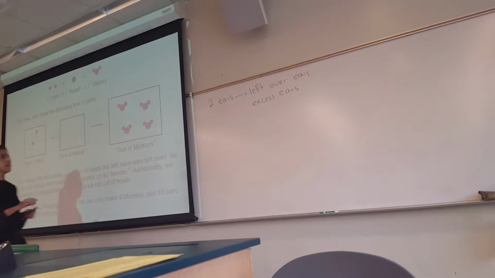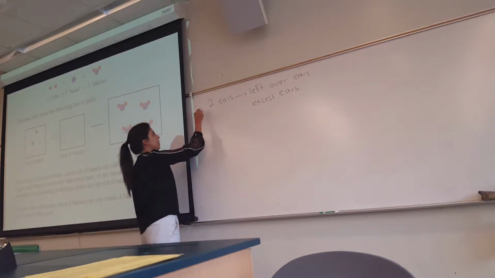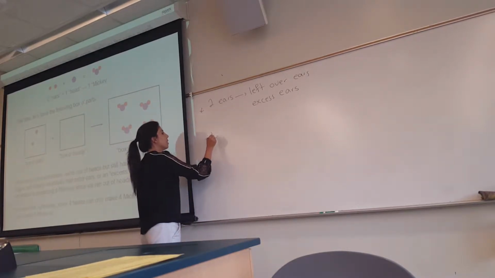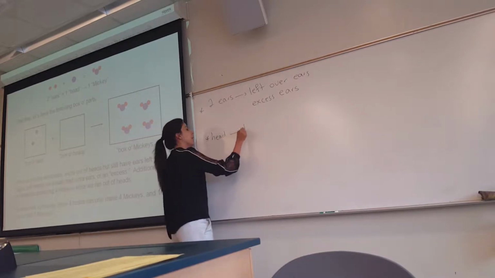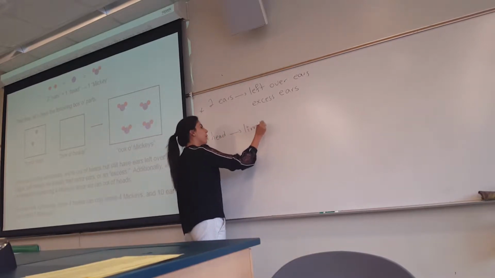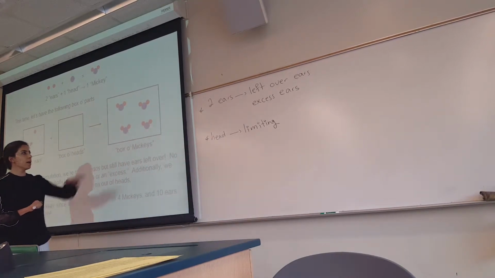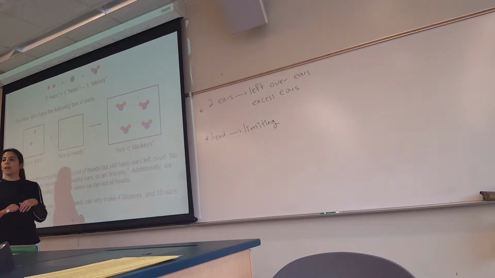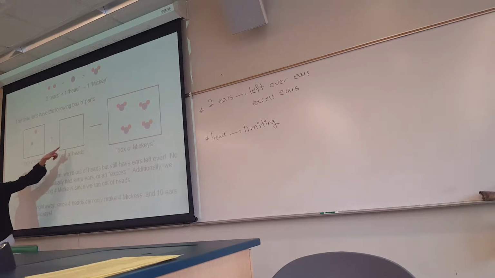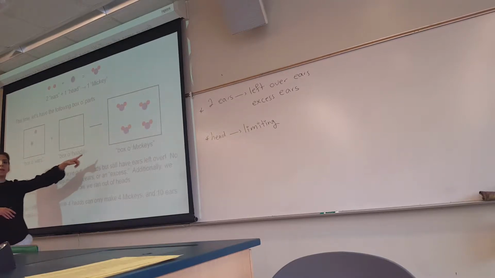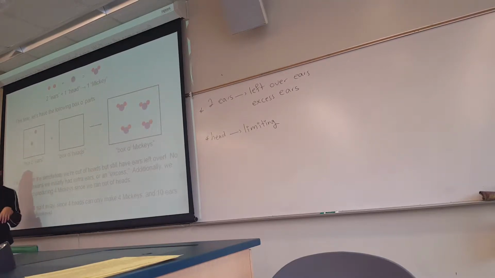And then the heads, in this process, experiment, we call them limiting. Why do I call this limiting? Because the number of Mickey Mouse heads that I can make is limited by the number of heads we have. In other words, we will stop making Mickey Mouse as soon as you run out of heads.